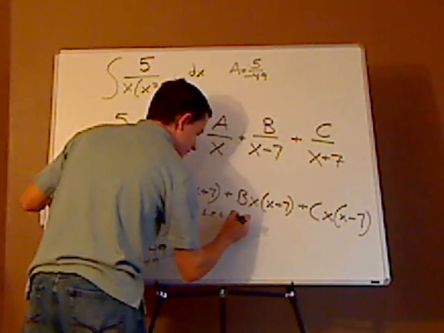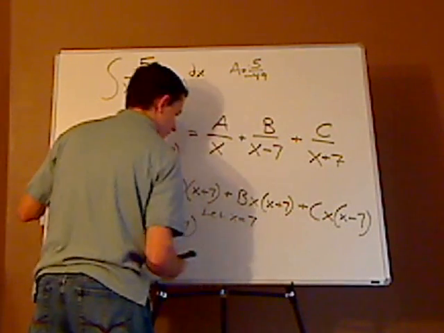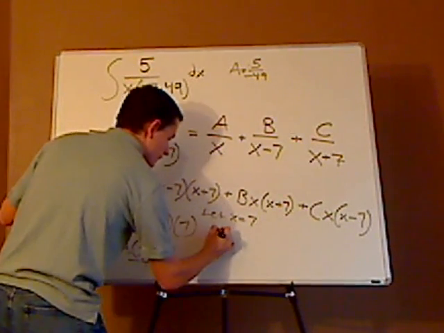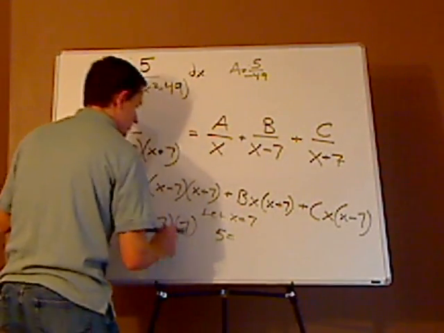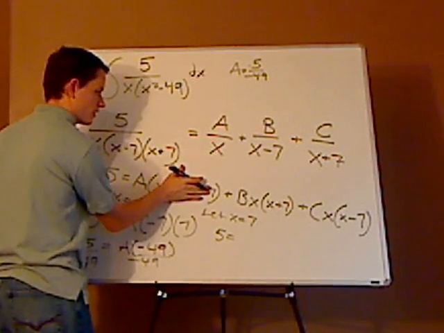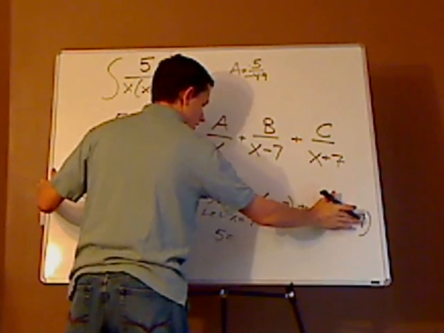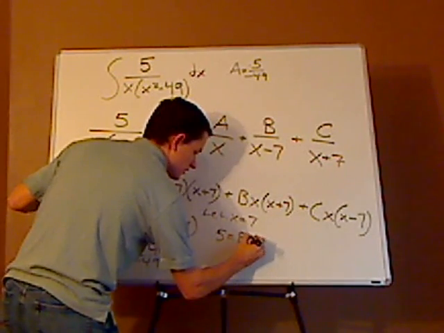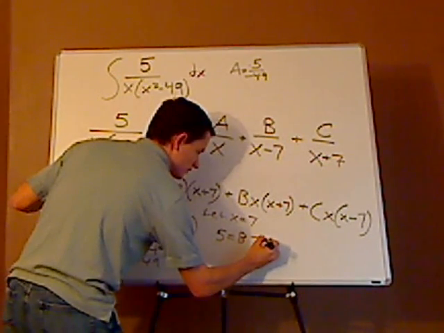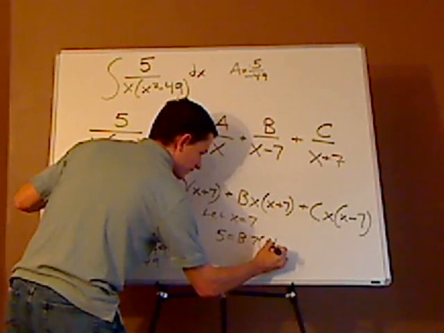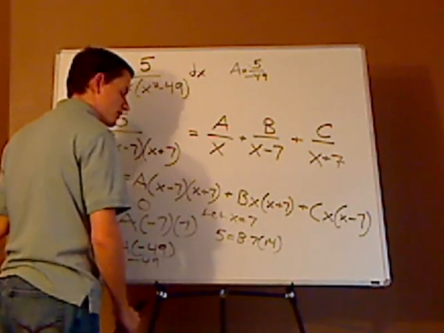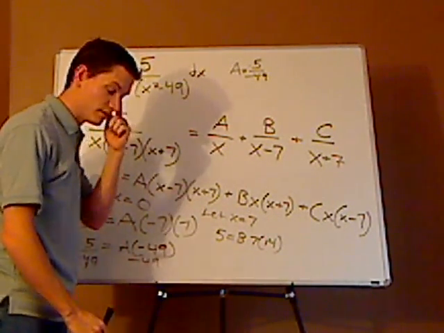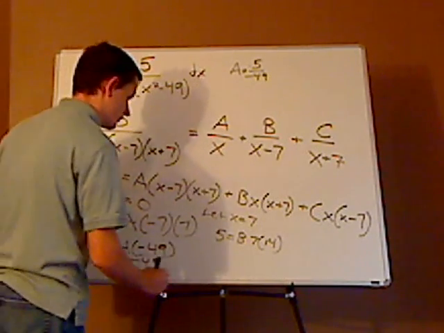So if x equals 7, I get 5 equals B times 7 times 14, and 7 times 14 is 98.